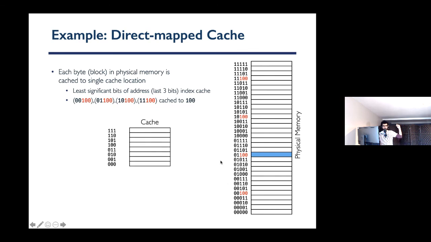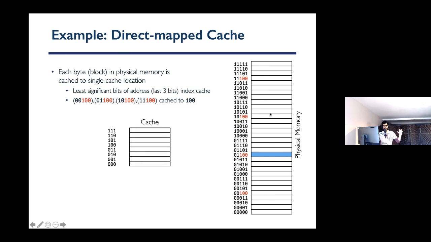Because each set is one block, this means that each memory location is mapped to a particular block in my cache. So I start from having to identify the sets in my cache, and then I map each memory location to one of those sets. So I have 8 sets, as many as 8 blocks, and now each memory has to be mapped to one of them. What does that mean?